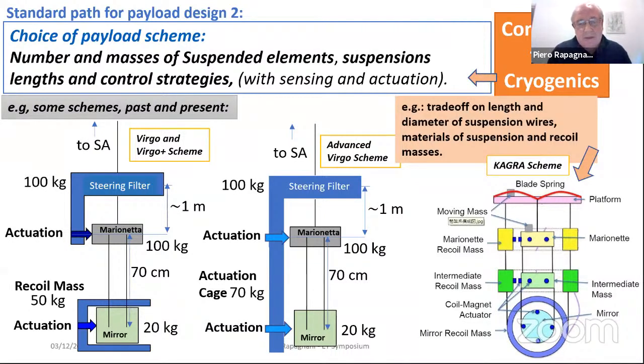And we passed from the scheme where we have the marionette, as has been shown by Leonard, and the reaction mass, which surrounds the mirror, to a structure which was more complex with a cage that was attached to the last filter of the suspension chain of the super attenuator, and then acted directly both on the marionette and on the mirror.